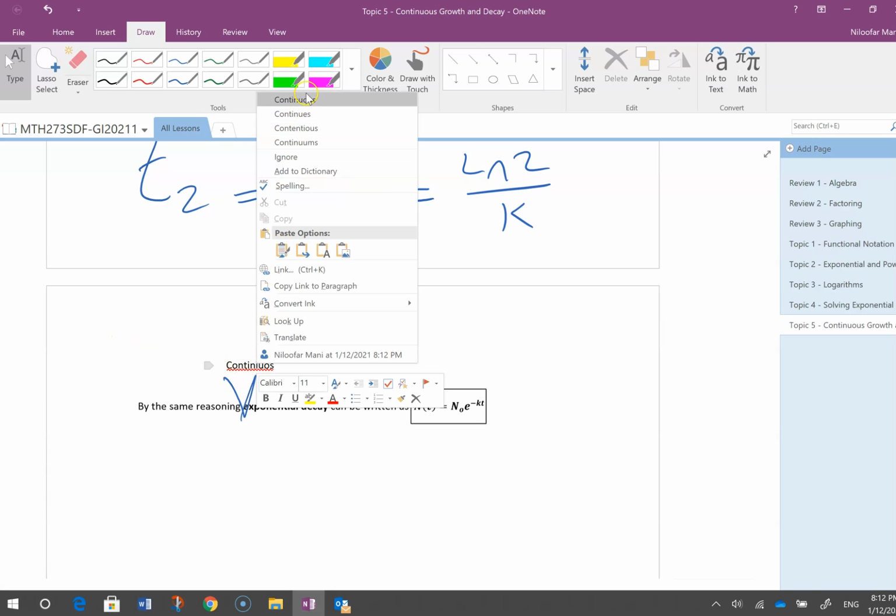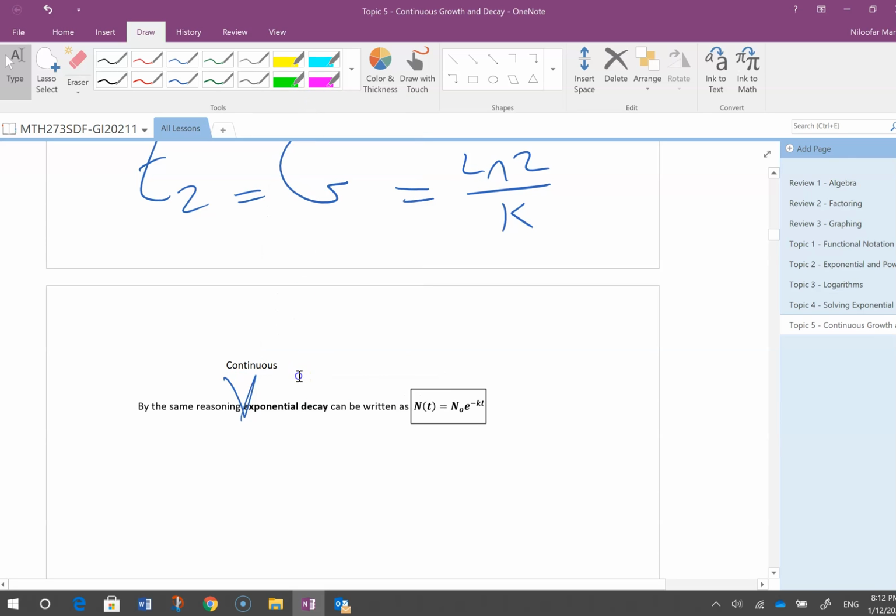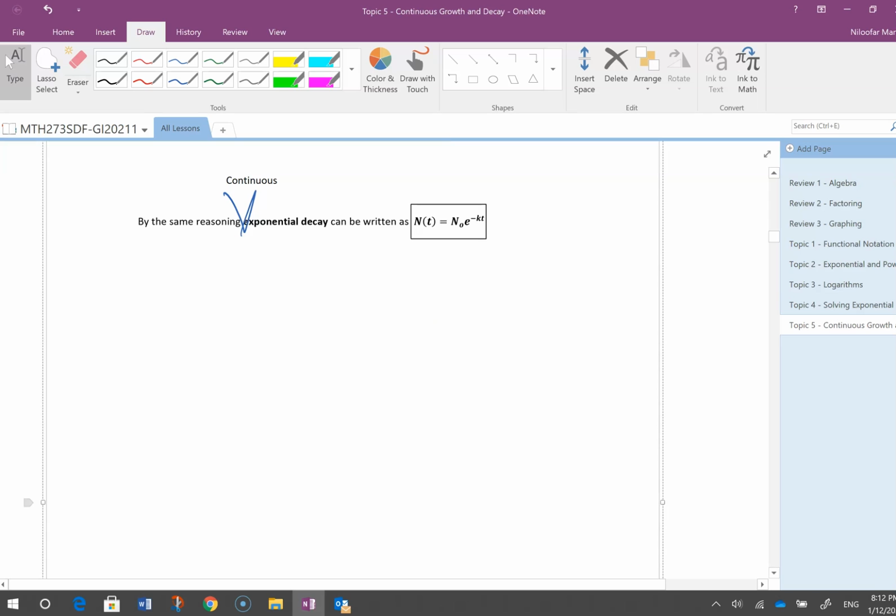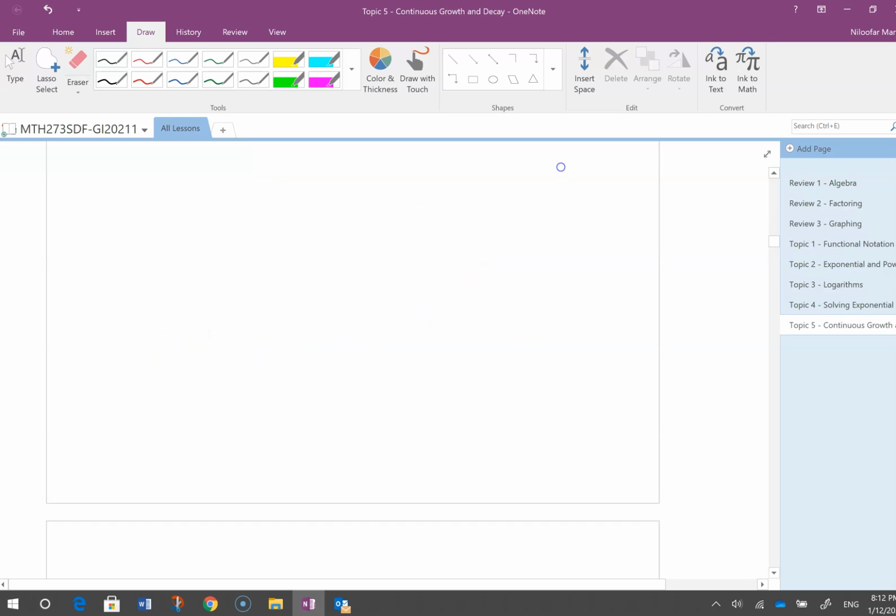So continuous exponential decay, and decay means decreasing. Instead of going up, it's going down. So nt is n0 e power minus kt. Compare: one of them positive, one of them negative, growth and decay. Now we continue here.